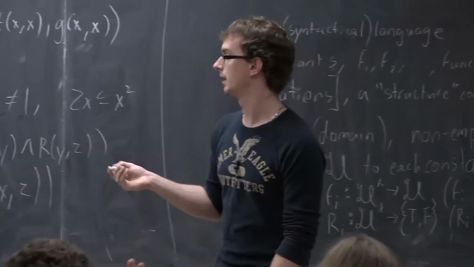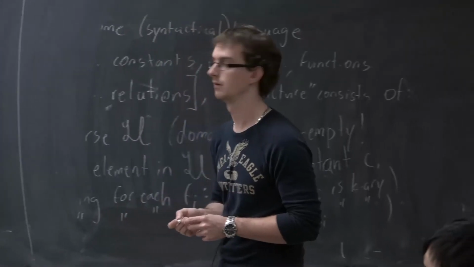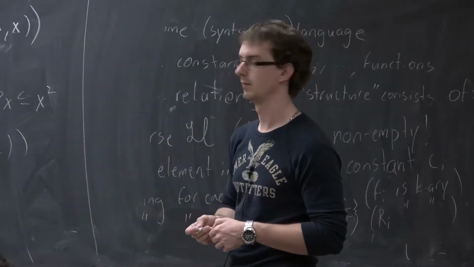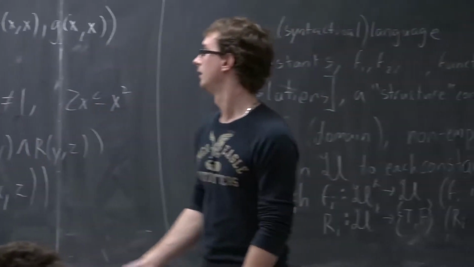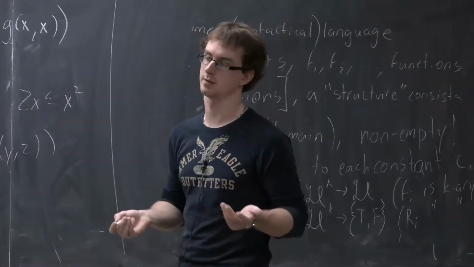Can anyone see an example that doesn't involve changing the universe? Make b equal to 0 and a equal to 1. Yeah, that's an easy way to do it. So you could reinterpret the value of b, and then suddenly you're not checking if x is not equal to 1, you're checking if it's not equal to something else, and then it's going to be false.